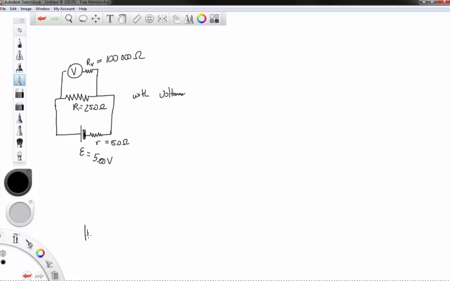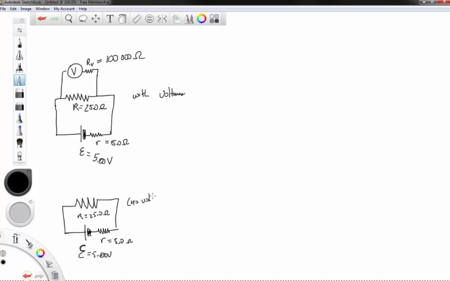Without, we basically have something that looks more like this. So here is the internal resistance for the battery, 5.0 ohms. Again, the EMF is 5.00 volts, and we have a second resistor up here, R, of 25.0 ohms.